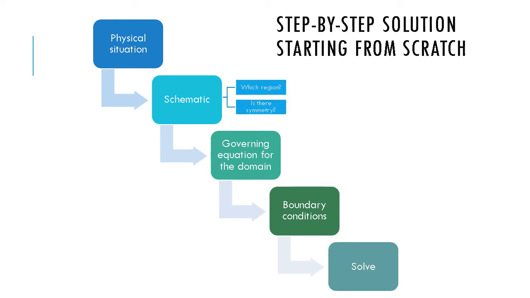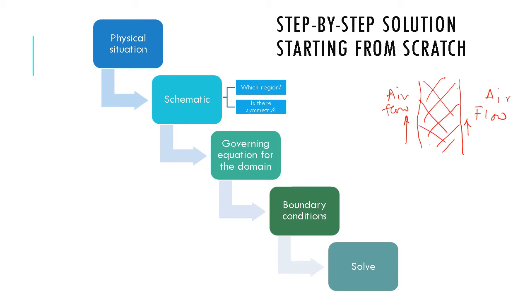A little more detail on the schematic: which region to include. For example, we did a slab, and over the slab there can be airflow. Our interest is in the slab, and we are not interested in these other regions.